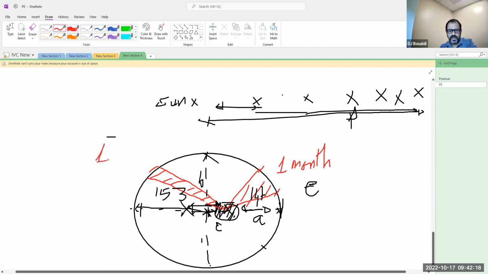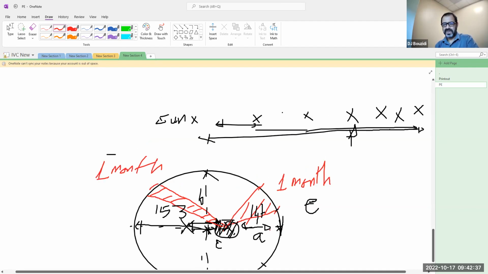The same amount of time, by the way, is a month. So in other words, it's moving slower when it gets further away from the sun at its far away points than when it's closest by. Obviously, for the case of the Earth, it's not going to make a lot of difference because the distances are not too far.